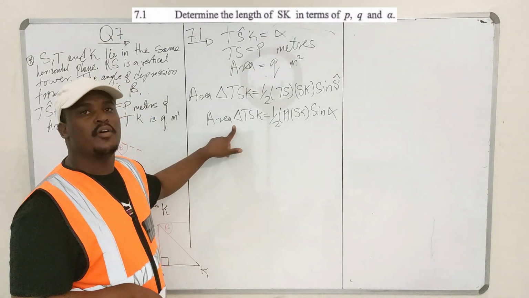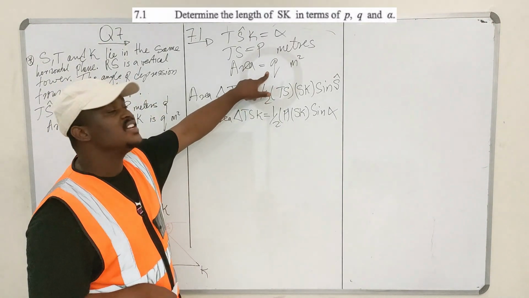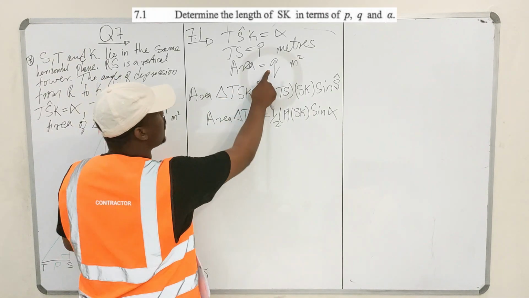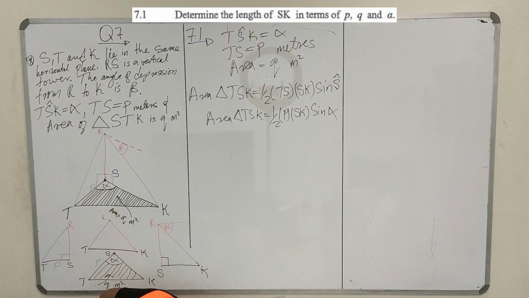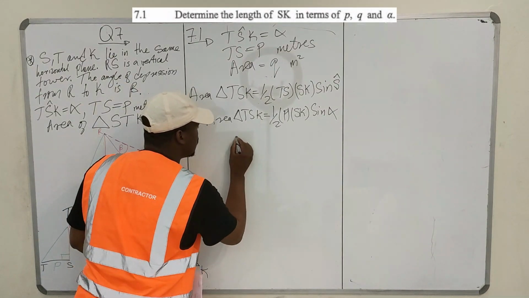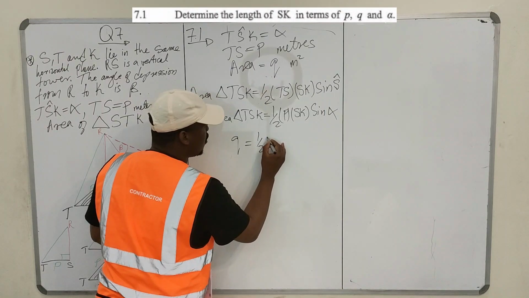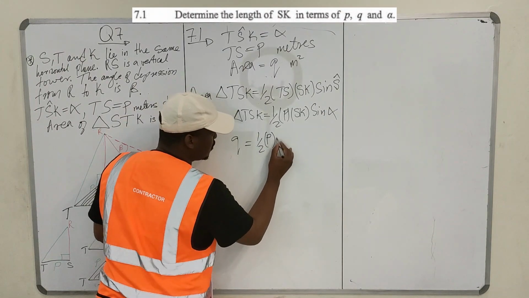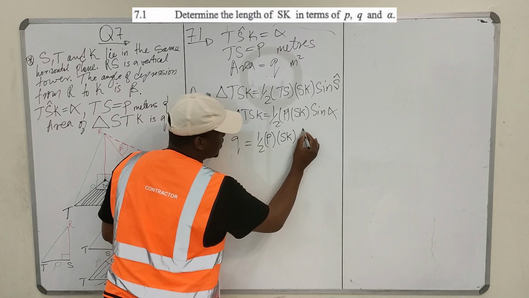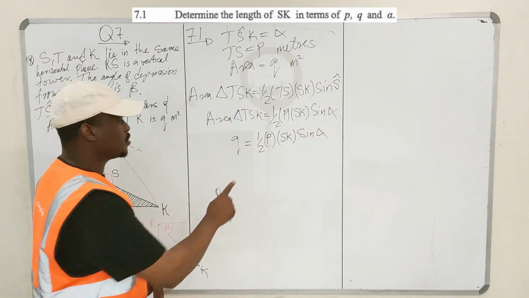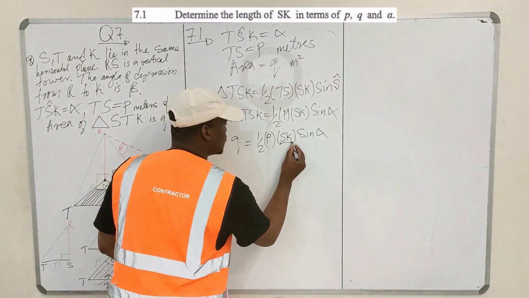We know the area of our triangle because it is Q square meters. So we can substitute our area here and say Q is equal to half of P times SK times sine of alpha. So we solve for SK because this is what we want.